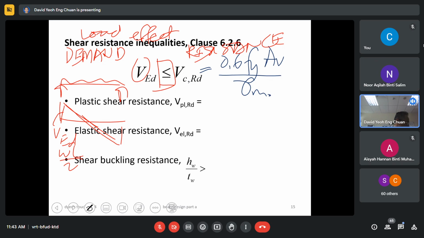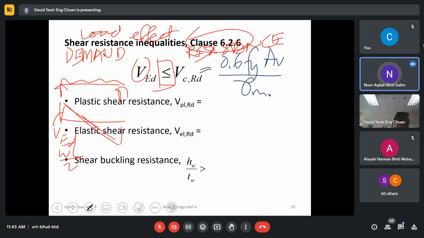No, it's not page 71. The physical book. Clause 6.2.6. What does it write there?